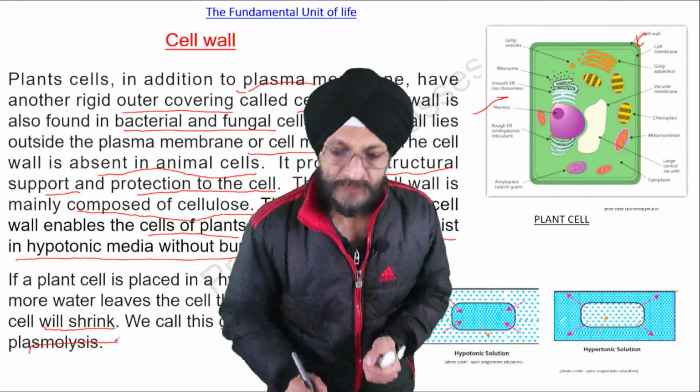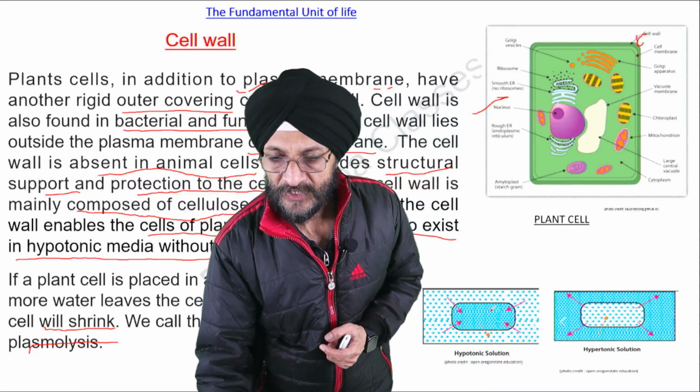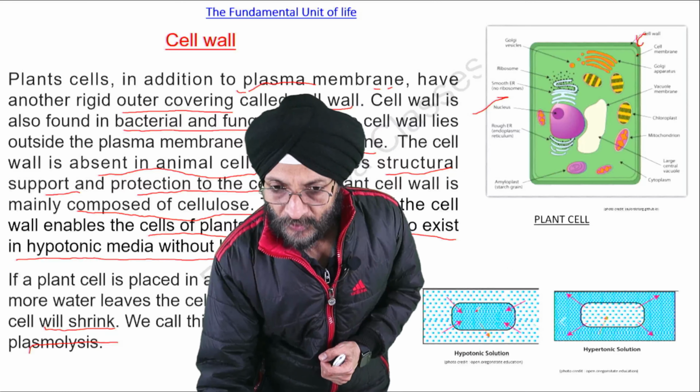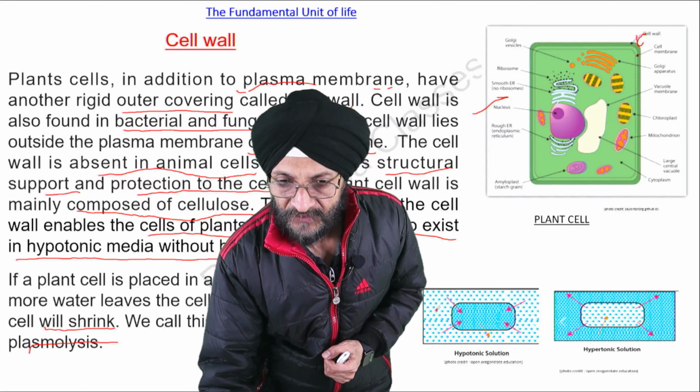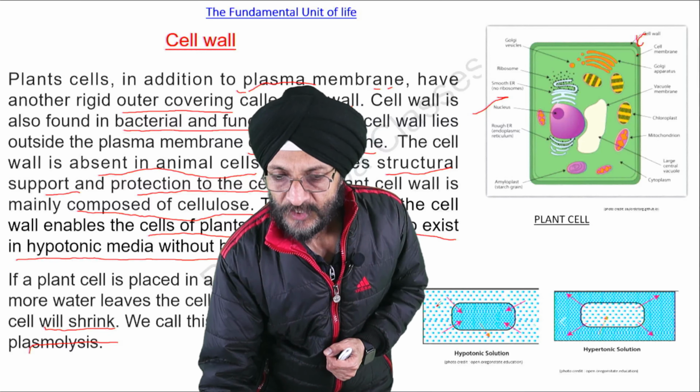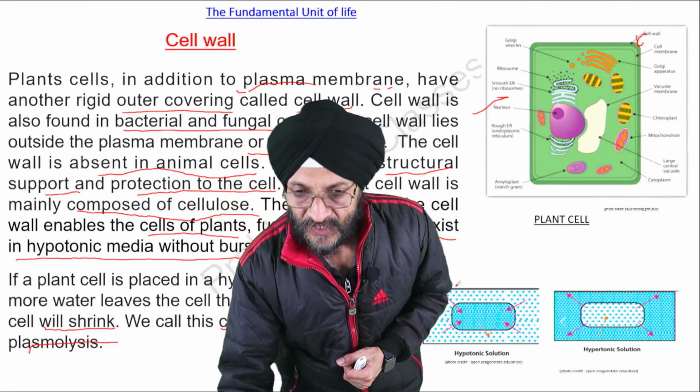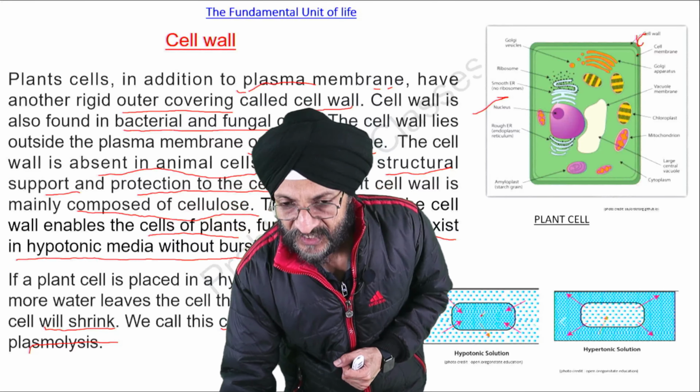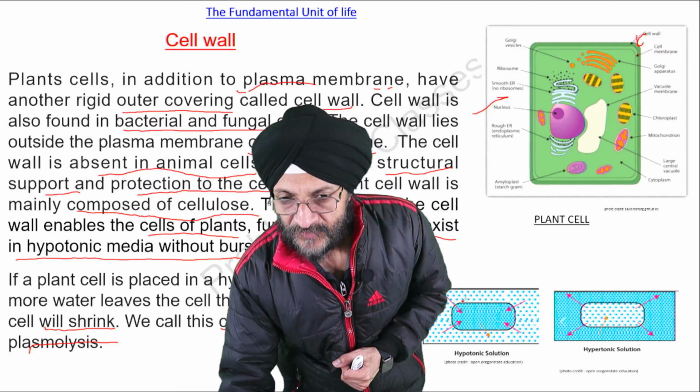We have already learned about the hypotonic solution. A hypotonic solution is a solution in which the solutes are present in less quantity as compared to the solution inside the cell. When the plant cell has been placed in hypotonic solution, more water will come inside the cell than going out.